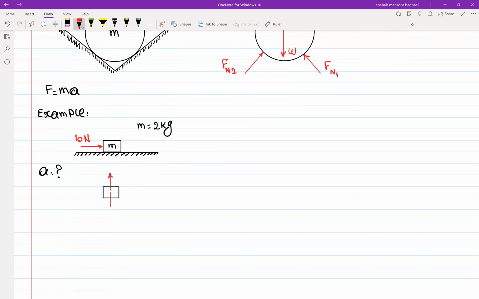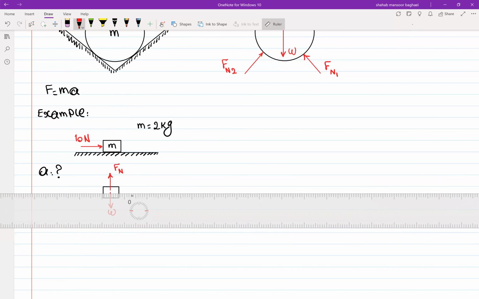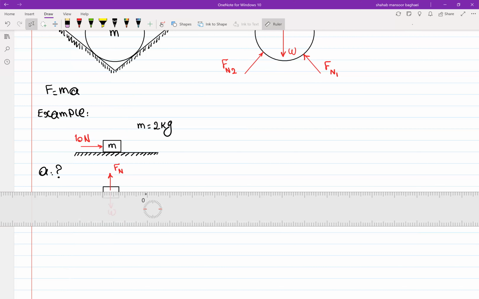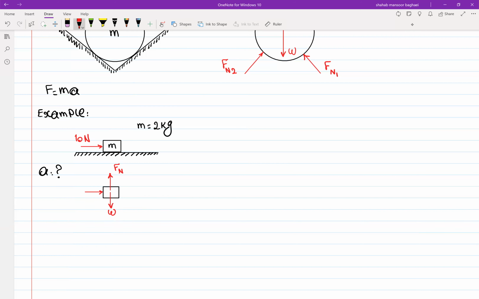It is normal to the surface, and it is upward. Therefore, first one is W, weight. The second one is normal force, or Fn. And you have external force, that's 10 newtons to the right. Consequently, you have 3 forces.